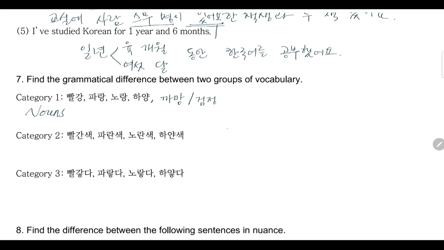Category 2, they're also all nouns, but different forms, isn't it? Nouns, but if you analyze it, if you dissemble, it goes adjective plus noun form. That explains why we have these neons here.